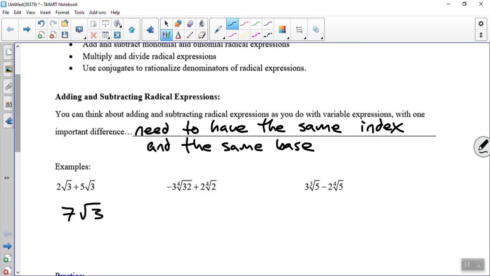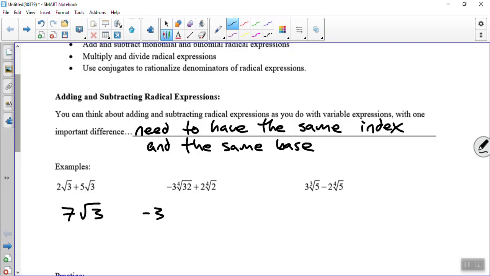Okay. The second one. So you look at this and you say, all right, I've got the same index, that's good, but it's a different base, I can't do those. But you can take the fourth root, or whatever root you're working with, and see if you can find the same base that way. Let me show you what we mean. So we have that negative 3 on the outside.